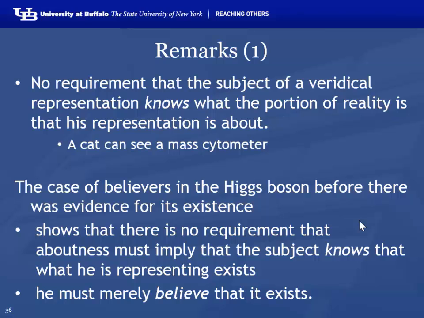In order to have a representation of something, you do not need to know what it is. So a cat can see a mass cytometer. A baby can see a mass cytometer. They can have a representation of a mass cytometer, which is there in front of them, but they don't know what it is. And so this then finally can help us throw some light on the Higgs boson.